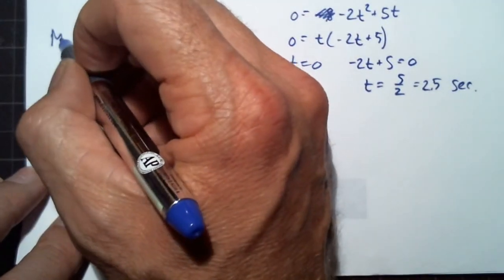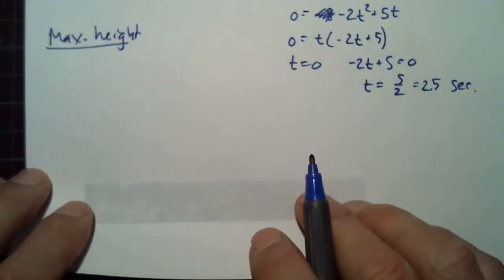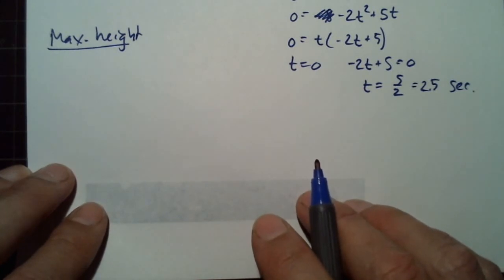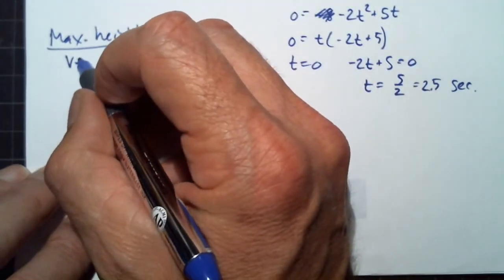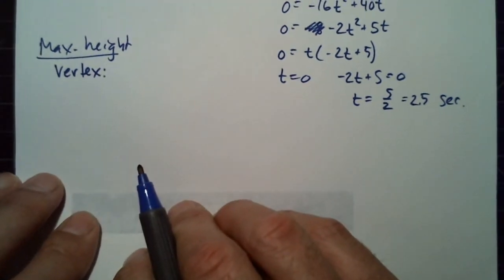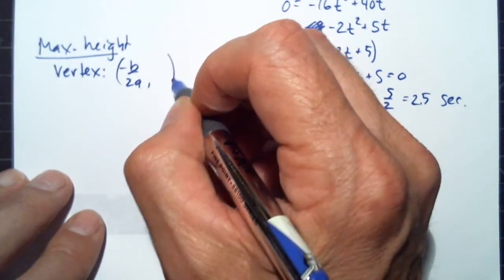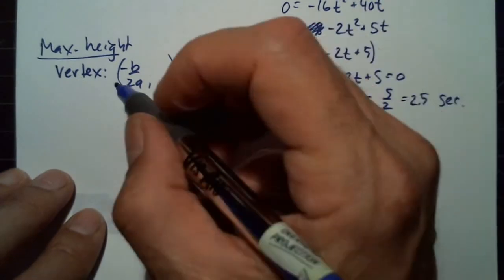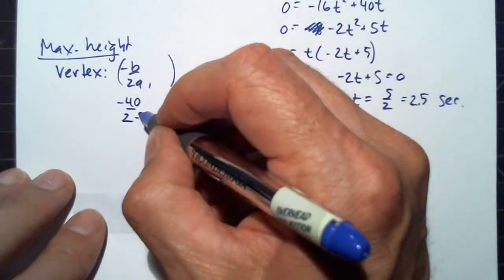Okay, let's find the maximum height. The maximum height is the vertex. So we could just use the vertex formula, but we can also use calculus and find the velocity. If we're just going to use the vertex, this is what you would do in some class before calculus. We know that we have -b/2a, and here, looking at this, b is 40, so we have -40/2 times a, where a is -16.